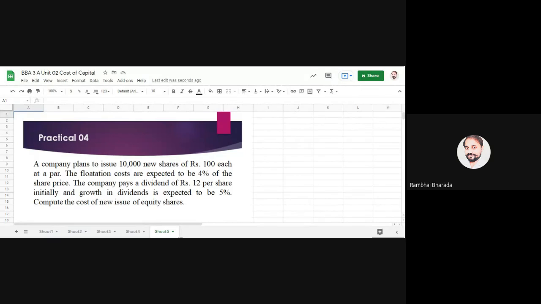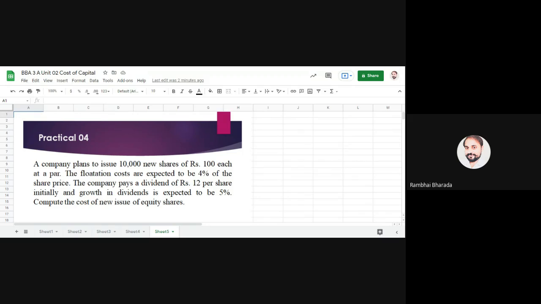The company pays a dividend of rupees, the percentage is not given to you directly, the amount is given to you, and growth is expected to be how many percent? 5%.